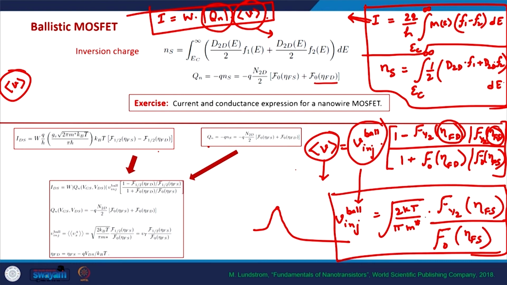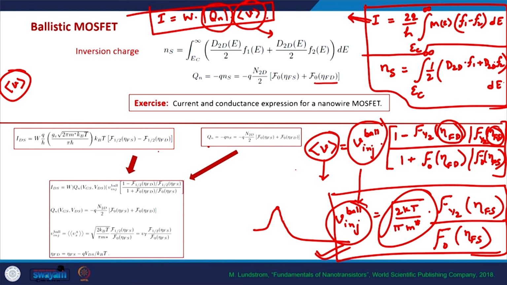So this is the unidirectional thermal velocity, and this is the ballistic injection velocity, or in a way, if we just leave it to the source, this is the velocity with which electrons are being pumped from the source side without any influence from the drain side. This is what the ballistic injection velocity actually means.